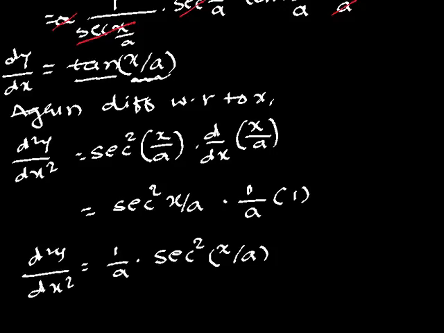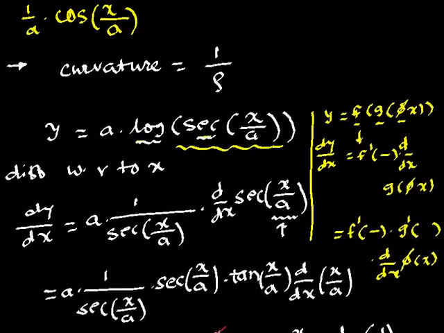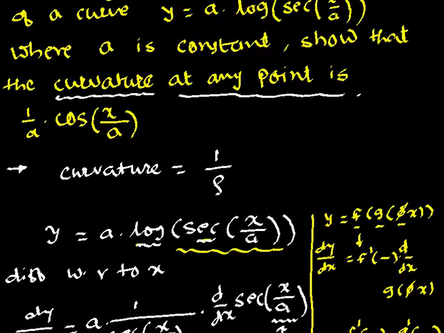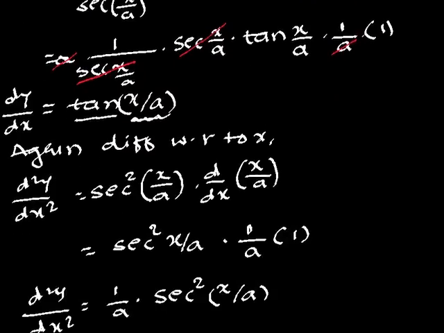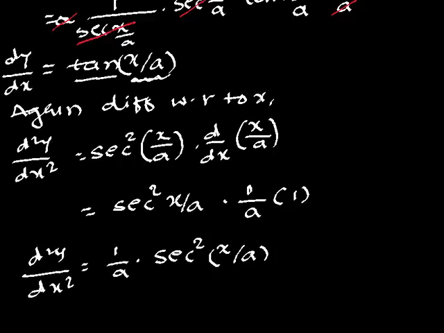Now we have to find the curvature, but before that we have to find rho, the radius of curvature. Let us find it by substituting these two values: d2y by dx square and dy by dx.